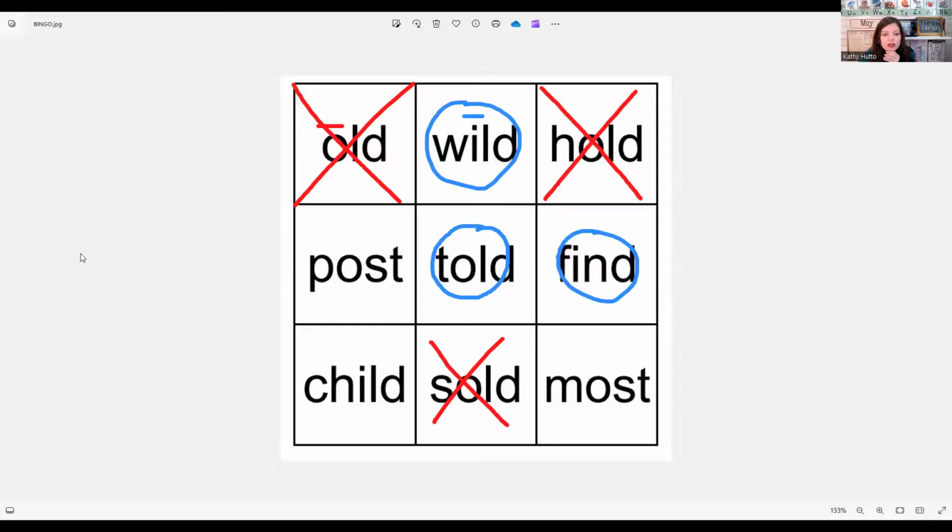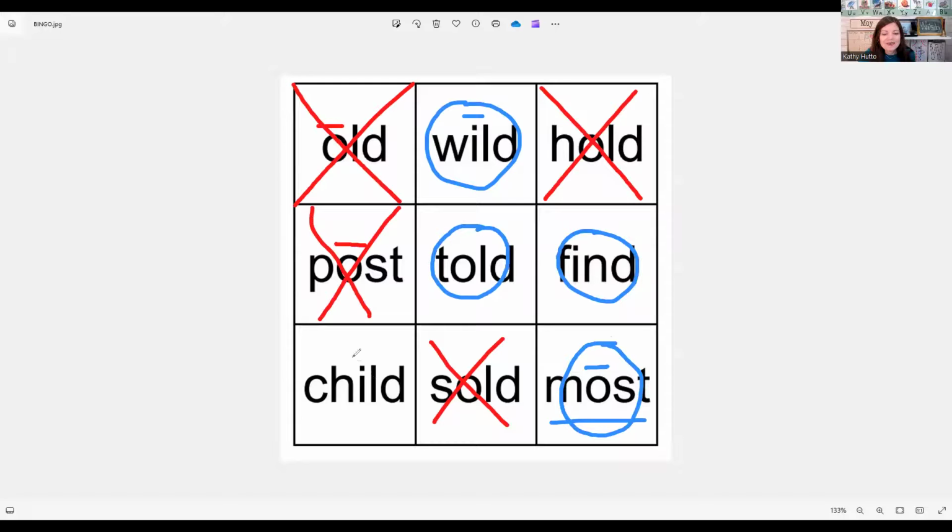Okay, it's red's turn. P-O-S-T. Post. Excuse me. Back to blue. O-S-T. Most. Uh-oh.